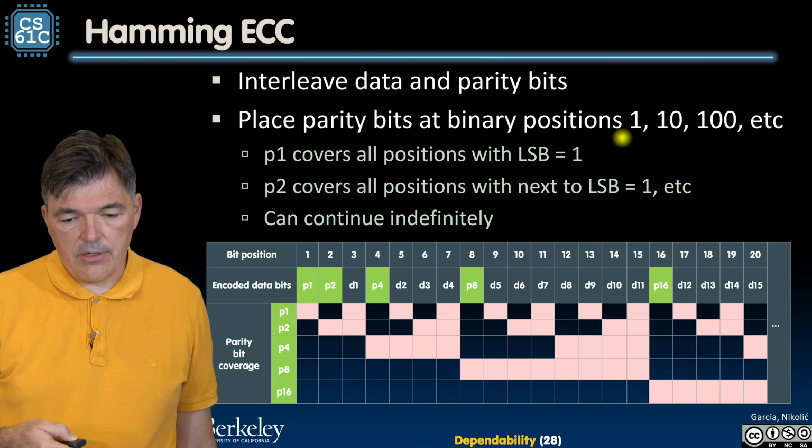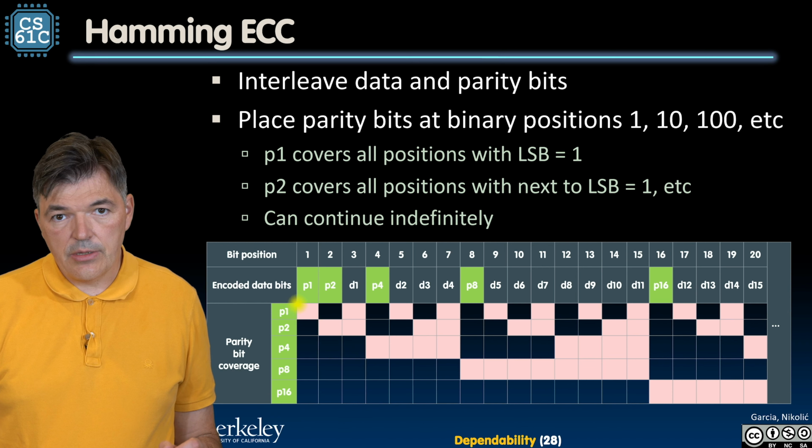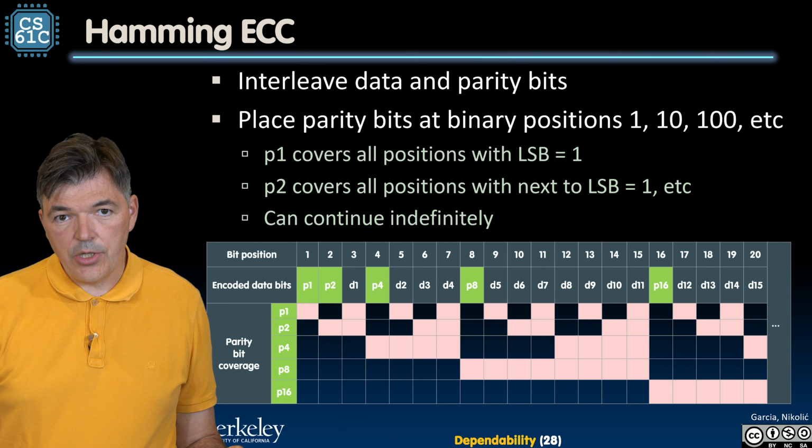Relatively easy to remember. But then on the bottom here in this table is shown which data bits are covered by which particular parity bit. So the first parity bit, P1, covers all positions that have an LSB equal to 1. So all odd bits are covered by the first parity bit.